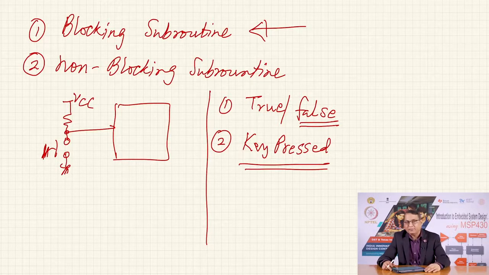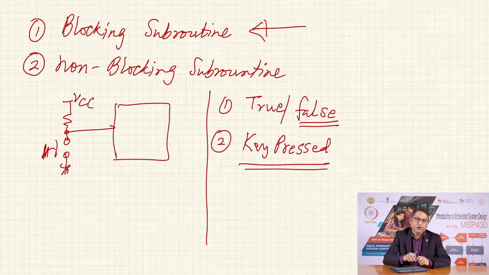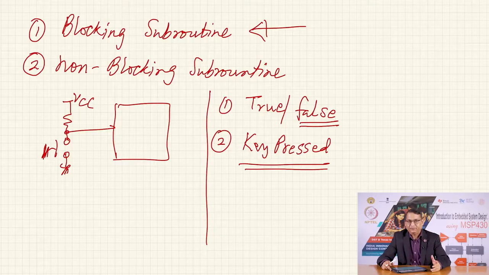But what actually happens, if you have seen an ATM machine in operation, is that if you insert your card and you do not enter the PIN number for some time, the machine simply ejects your card saying timeout, which indicates to you that the embedded designer who designed the ATM machine was a smart fellow.